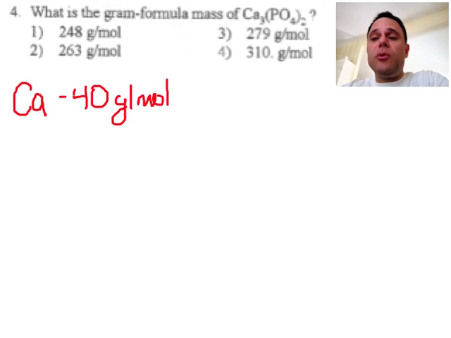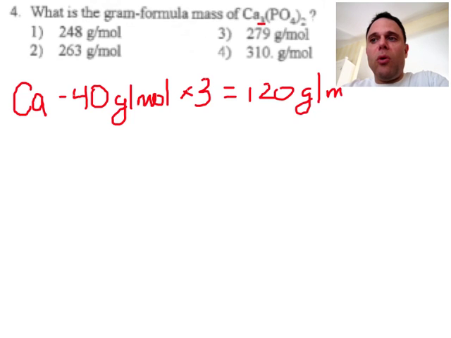Now how many do we have? This shows right here that we have 3 of them. So our total mass from calcium is going to be 120 grams per every 1 mole of this substance.